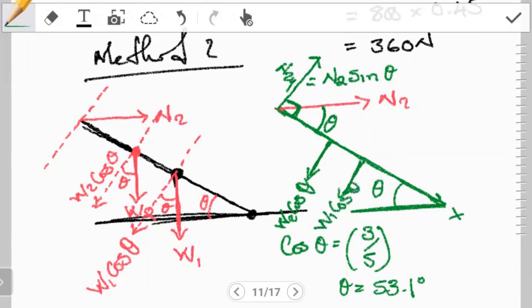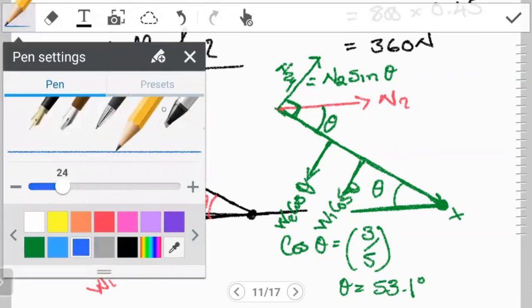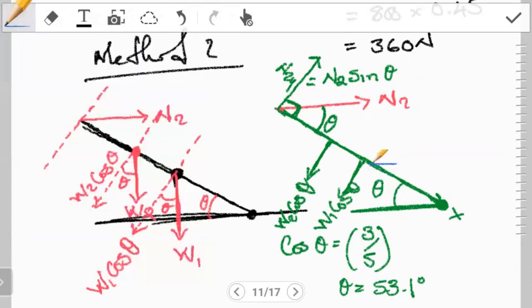Okay, so I hope you guys have followed up to this point. Now we're picking this point as our pivot. The whole length of our ruler is 5 meters. Now, how does our problem look now? The weight of the ruler will act through its center, meaning the distance from here to here, since the whole ruler is 5 meters, has to be 2.5.